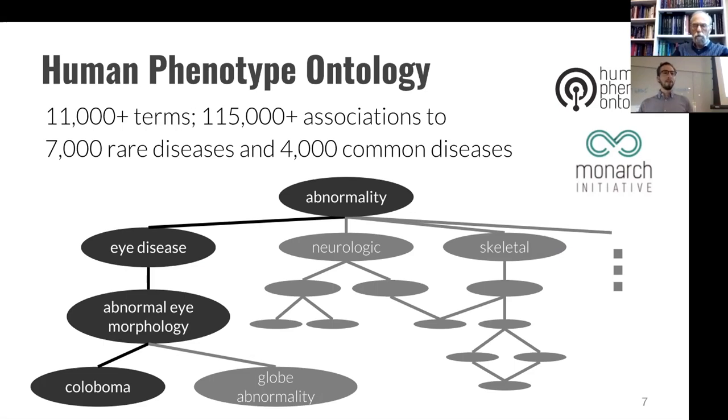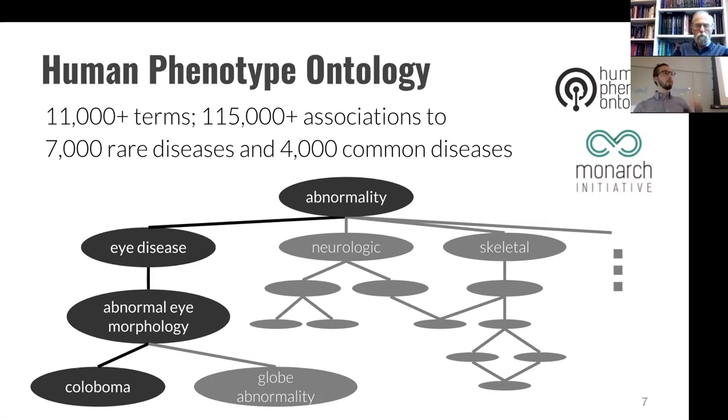There are about 11,000 or 12,000 different terms, different specific features that a patient could have, and they're organized hierarchically. So it's actually an ontology in the sense that there are semantic relationships of meaning between these different terms, so that the computer understands, okay, if a particular patient has a coloboma, that is a type of abnormal eye morphology, which is a particular form of eye disease, which is an abnormality overall.